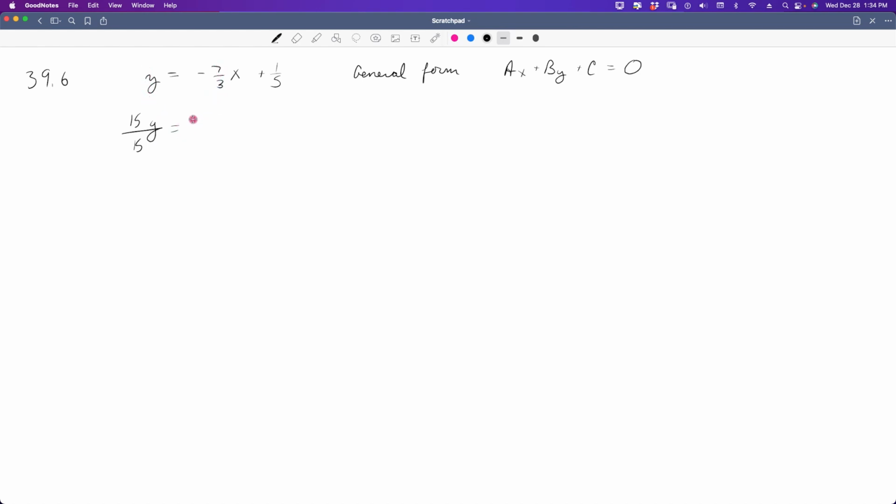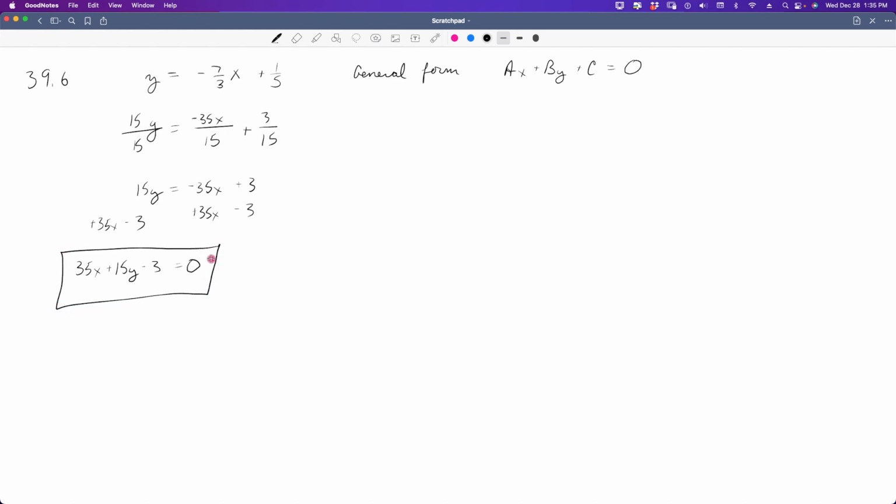So this is going to be 5 times this, so minus 35x over 15 plus, and 3 times this is going to be 3 over 15. So now that I have the same common denominator, I can rewrite that. 15y is equal to negative 35x plus 3. And I want to set this equal to 0, so I'm going to add 35x to both sides and subtract 3. So what I end up with is 35x plus 15y minus 3 is equal to 0. And that is general form.